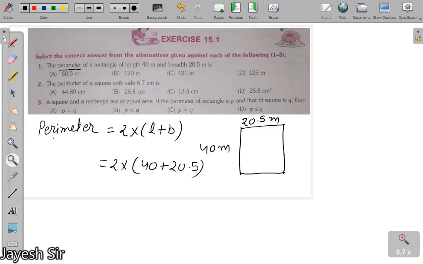First we add both of them, because BODMAS tells us to solve the bracket first. So 2 into 60.5, and multiplying by 2 we get 121 meter square. Sorry, it is not meter square, it is simply meters. This is 121 meters.